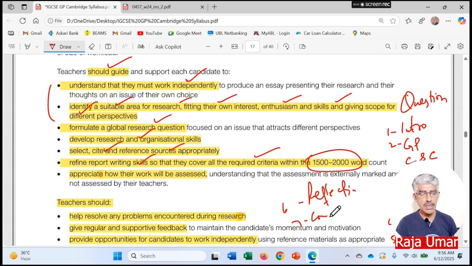So these are the components of IR, and the teacher must be supervising the students that all these components must be over there in their individual reports.